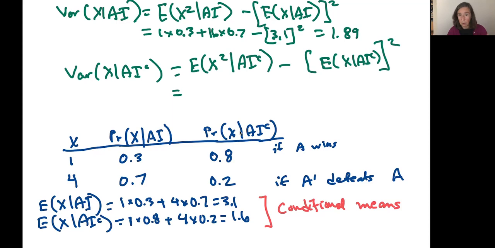And what is that? Just as we did before, now we're keeping the outcomes. They don't change, but now we're taking the probabilities from the no anti-incumbent sentiment column here. So expectation of x squared, well, 1 squared is still 1. That is happening now with probability 0.8. And 4 squared is still 16. Yes, it is. And now that is happening with probability 0.2.